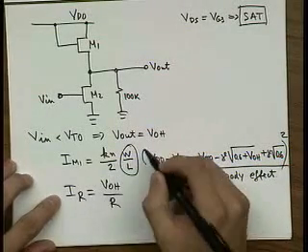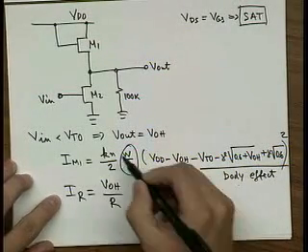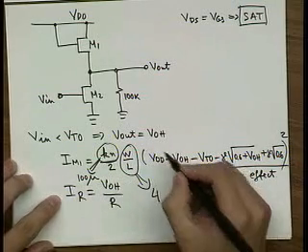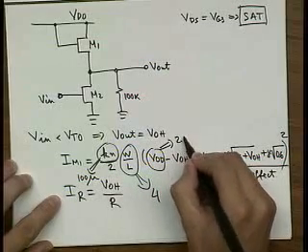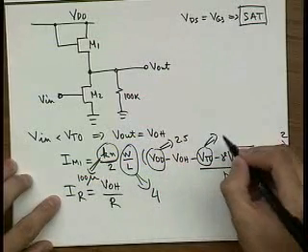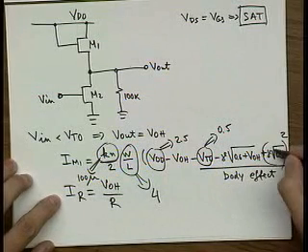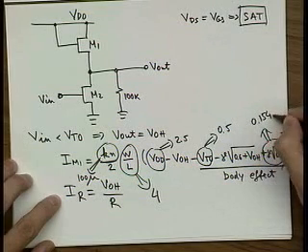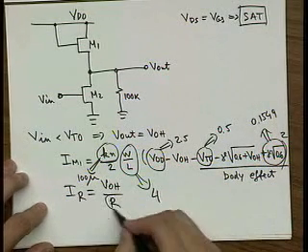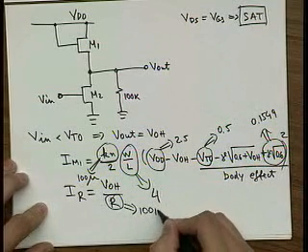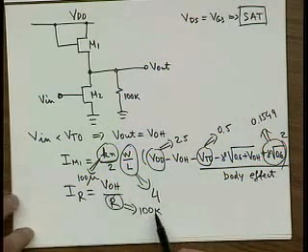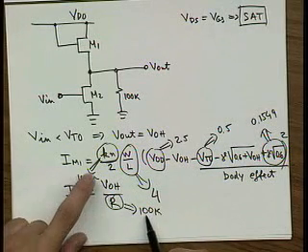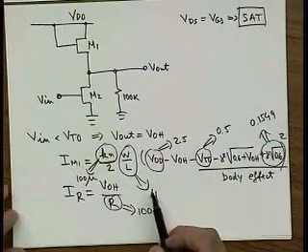So you have W over L for this device equal to 4. Our Kn is 100 micro. VDD is 2.5. This is 0.5, and this term over here comes to be 0.1549, and this is 100K. So now you put these together, multiply 100K times 100, you get 10 divided by 2, 5, so this factor over here is 20.